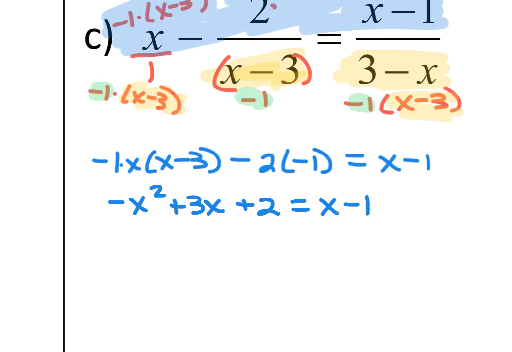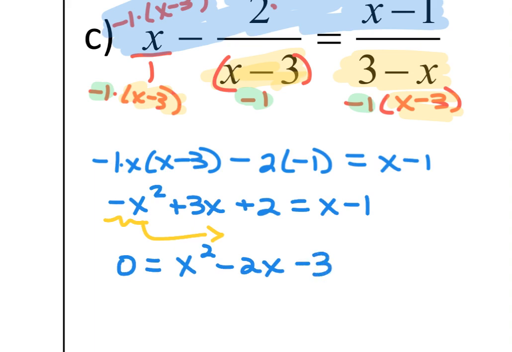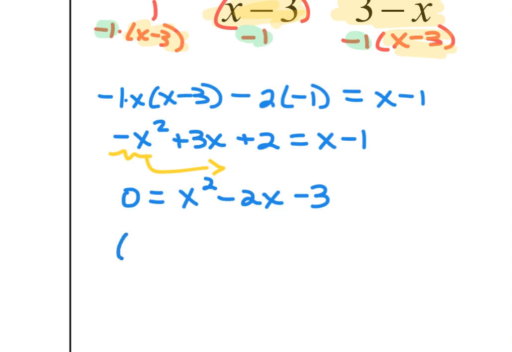Now, because I've got this negative x squared, I'm going to move all of my terms over to the right so that I have a positive leading coefficient, so that I have 0 equals positive x squared, and then minus 3x on both sides is going to be negative 2x, and minus 2 on both sides is going to be minus 3, x squared minus 2x minus 3.